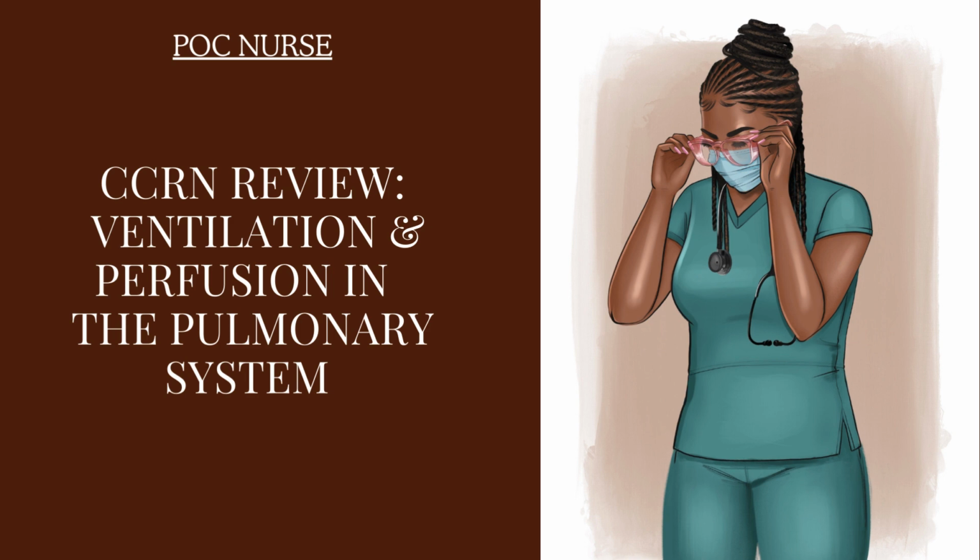In this case, there will be less perfusion at the top, at the apices of the lungs. In the same vein, if the patient is laying down on their back, there will be more perfusion towards the back of the lungs, that is on the side of the lungs that is down, than at the top of the lungs. So this is why we get the good lung down intervention.